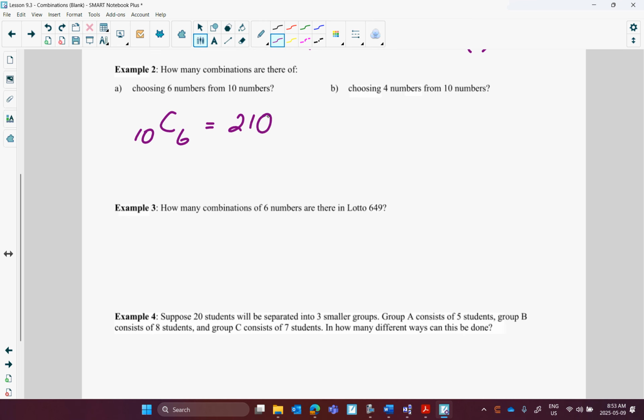How many ways can you choose 4 from 10? There's a reason for that.